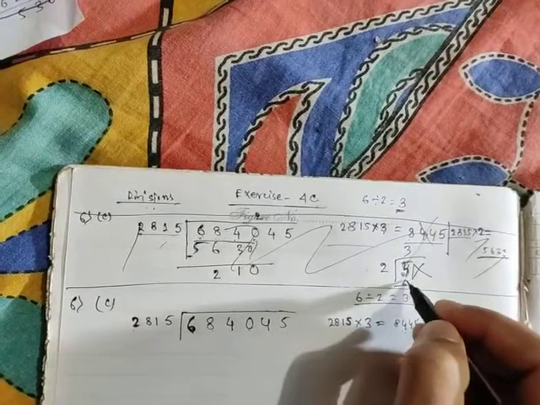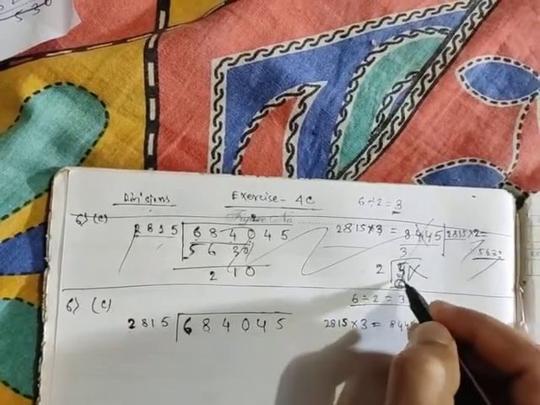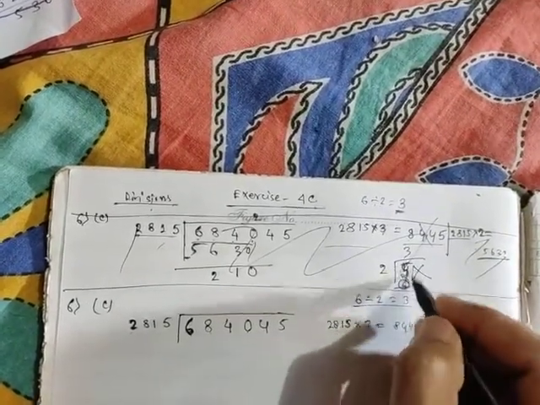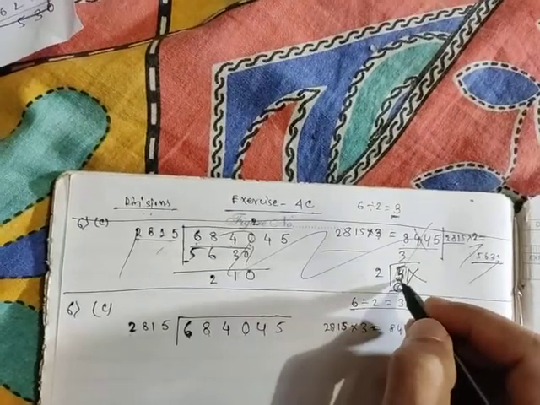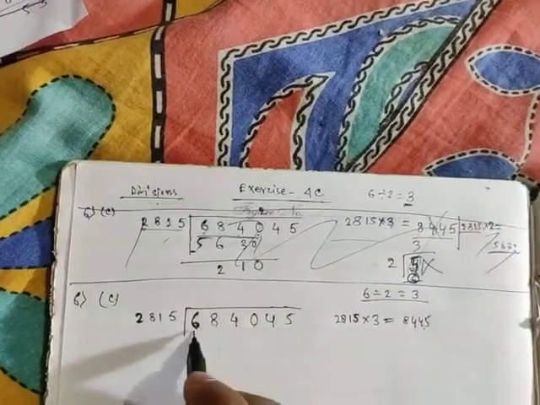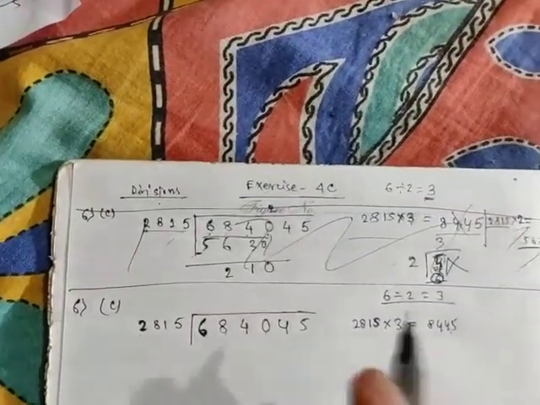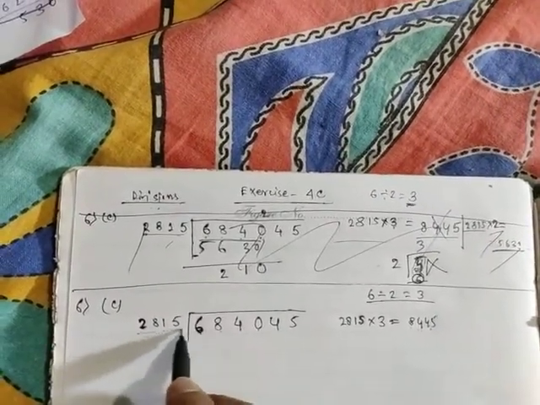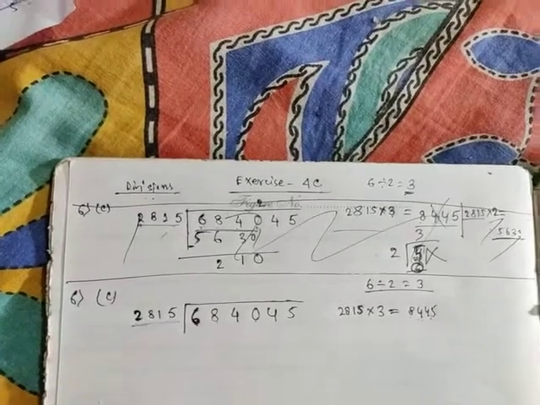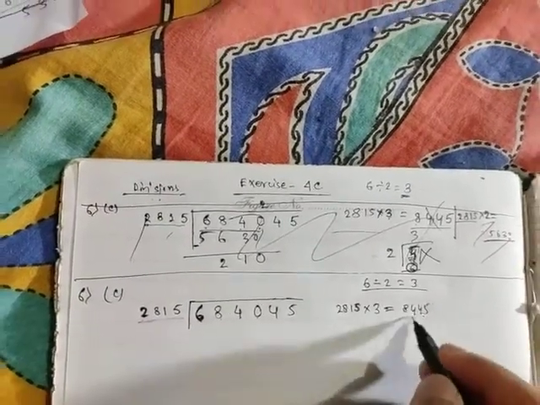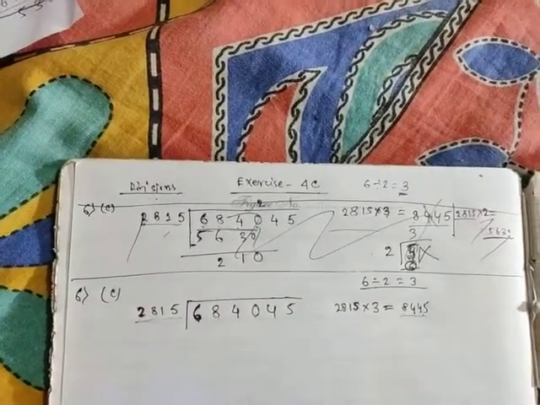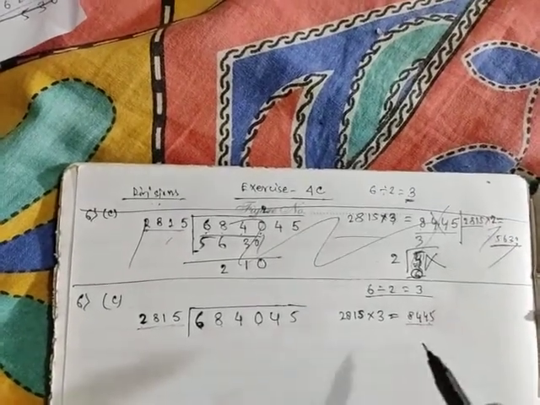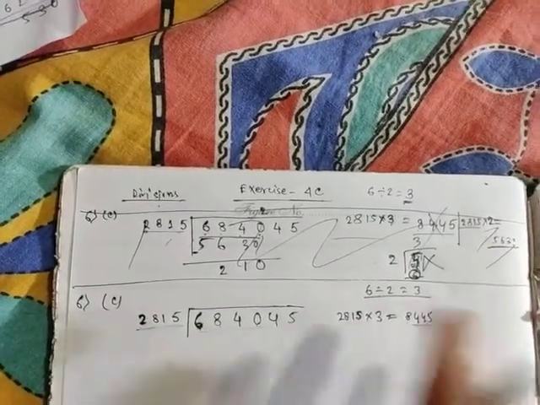That means this multiplication must be less than or equal to the dividend number. Here the dividend number is 6840, and why am I taking 4 digits? Because the divisor consists of 4 digits. Clear? So this 4-digit number is greater than this 4-digit number, so it is not possible.